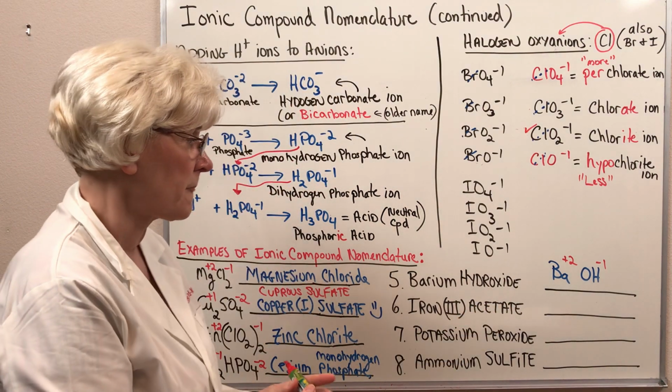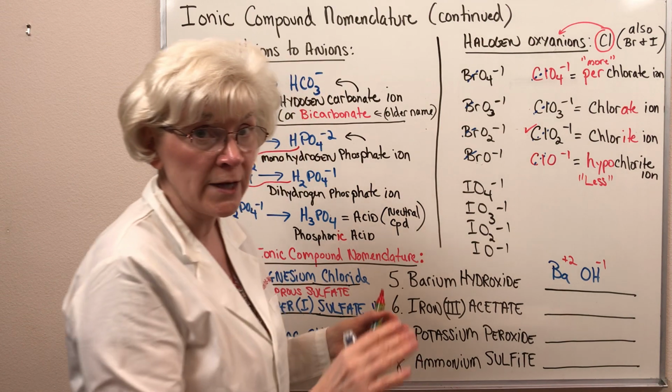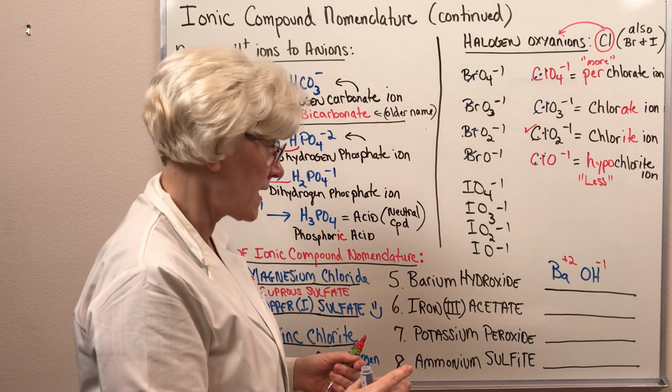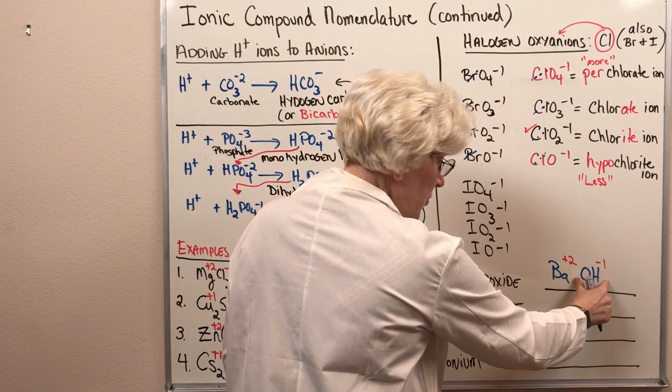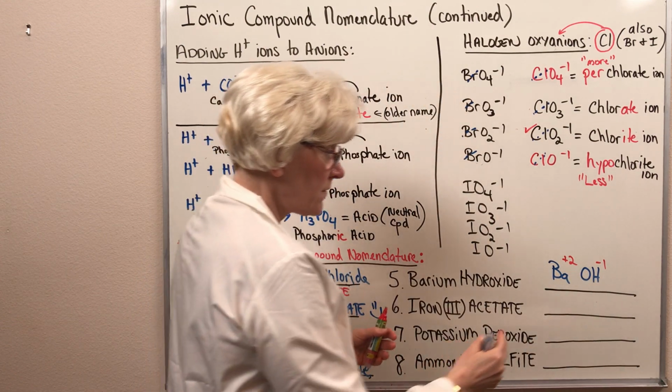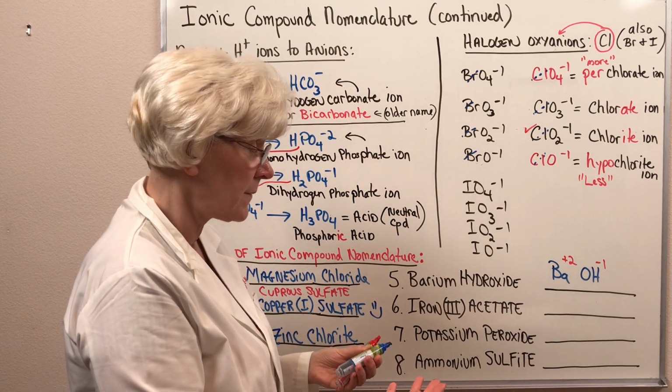name ends in "ide." So looking at the charges of these ions, I see right away that they do not add up to 0, which means that I'm going to have to use 2 hydroxide ions for every 1 barium ion present in the compound.